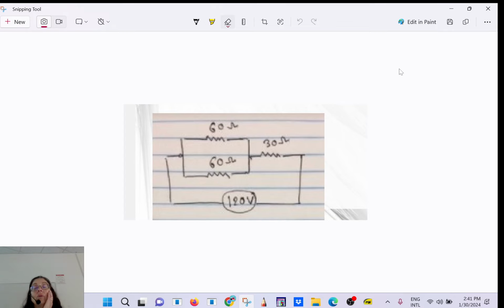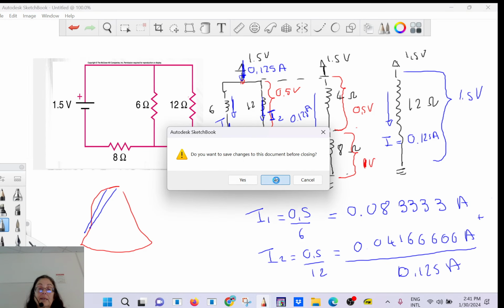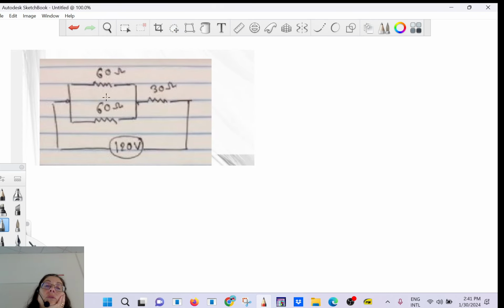You could do it in your head if you want. So to find the equivalent resistance, you can do it in your head. Or otherwise, we can do it this way.